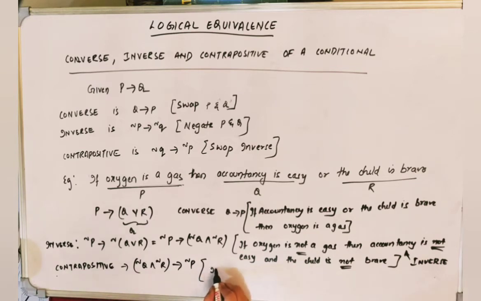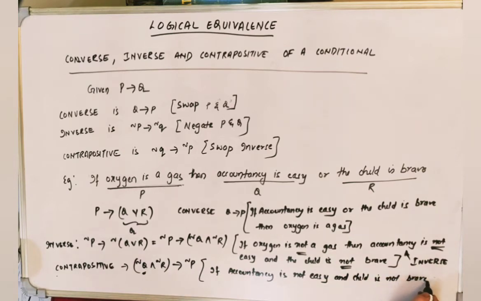If accountancy is not easy, because there is not Q, and not R, the child is not brave, then oxygen is not a gas.